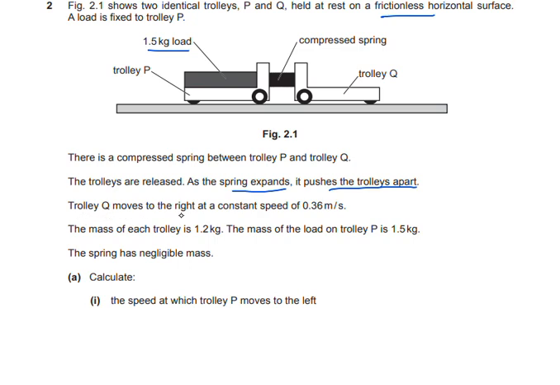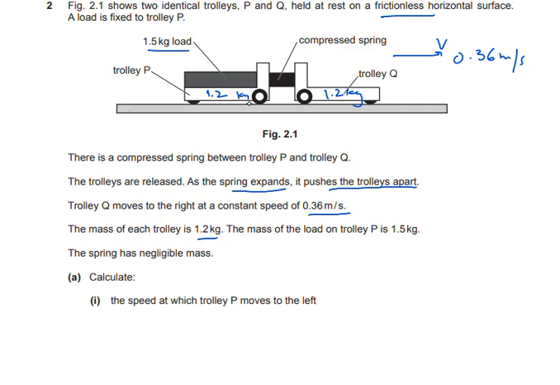Trolley Q moves to the right this way at a constant speed of 0.36 meter per second. The mass of each trolley is 1.2 kg.